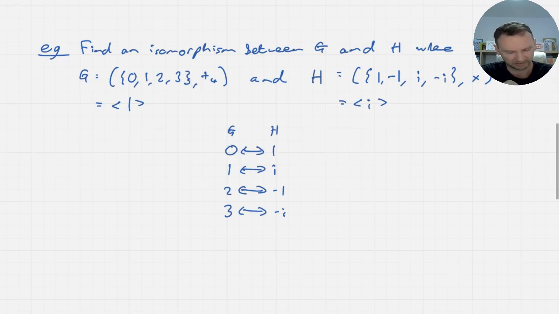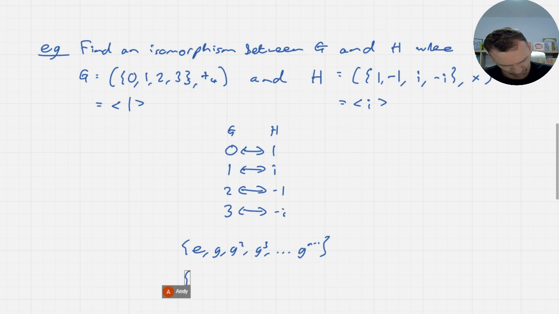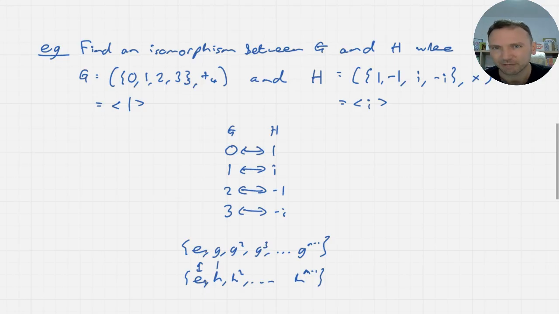We just want to find a generator, and then if we've got one group, which we can write as our identity, and then g squared, g cubed, all the way up to g to the n minus 1, if we have n elements, and then we have another group with a generator h, so maybe h squared, all the way up to h to the n minus 1, then straight away we know we can make, I'm going to label these e2 and e1, just in case they're different identities, a mapping between those to get an isomorphism. So looking for a generator makes it really easy to find isomorphisms.